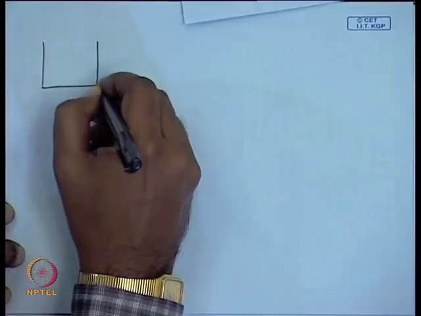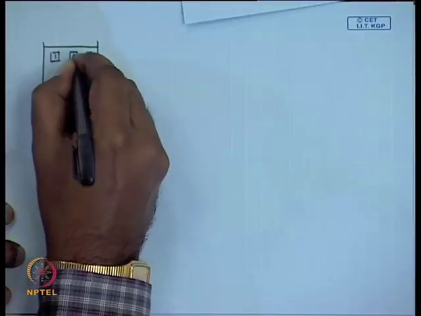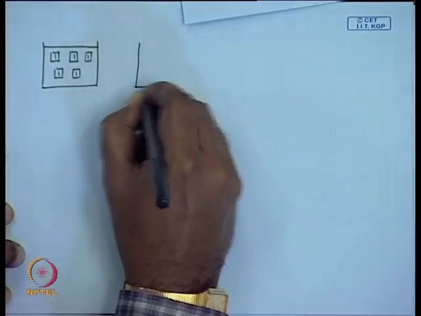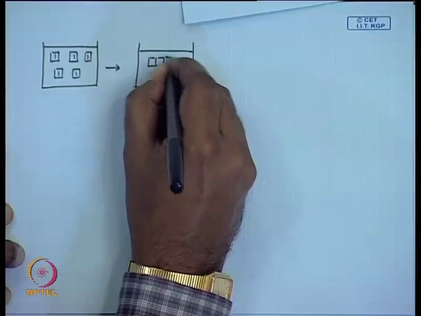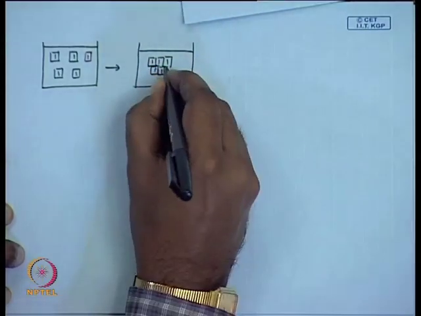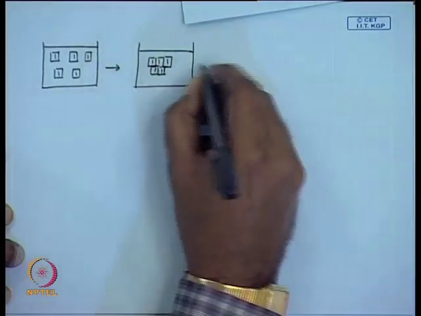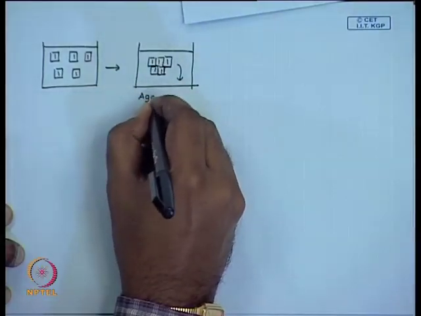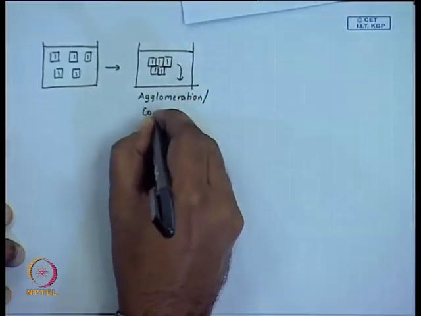Here, suppose you have lots of particles of 1, and if they all tend to attach with each other, they will all attach at one point and their size becomes large. So, the effect of gravity will be stronger and it may settle down. So, this is a situation where you have agglomeration or coagulation.